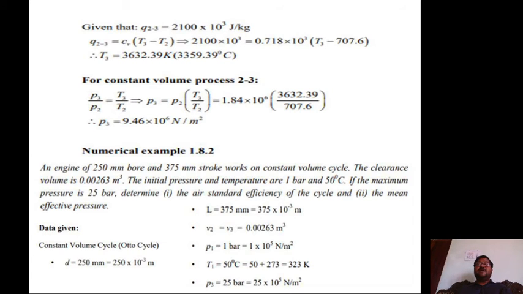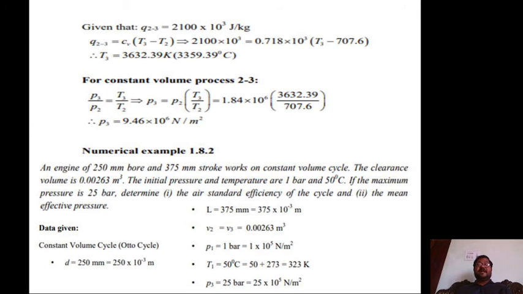And constant volume process, constant volume cycle. Here he has not given the Otto cycle directly, so I'll tell you one important thing. You may be asked the Otto cycle directly, or as a constant volume cycle, or you may call it a petrol engine cycle, or an SI engine cycle.